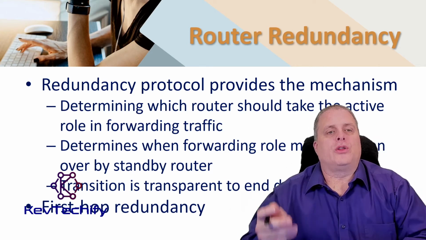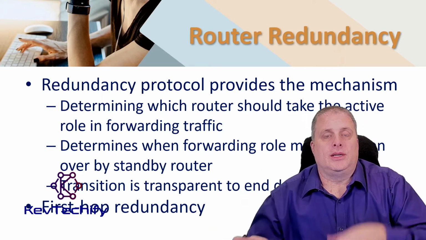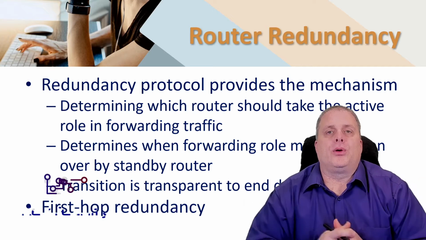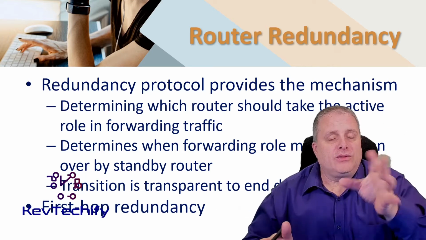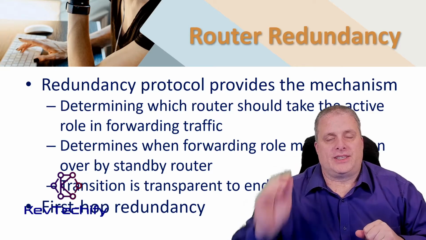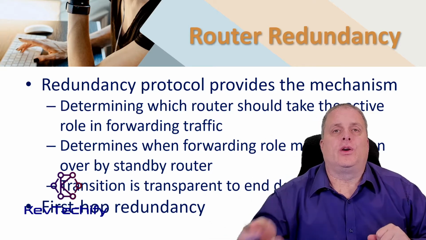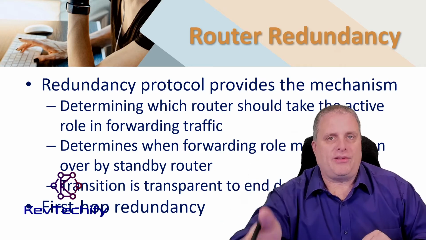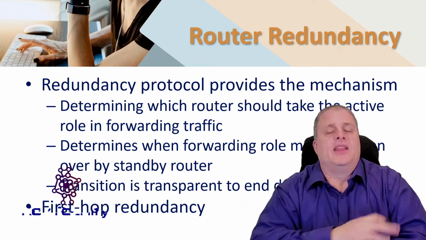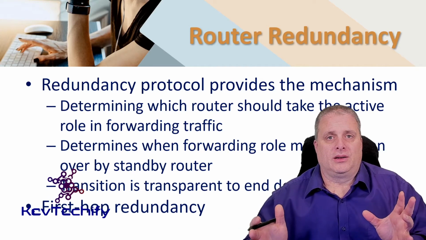So this protocol determines which one is the active one, which one will actually be sending that data back and forth. And then that protocol determines, hey, the active router went down, the standby router then becomes the active one and starts forwarding that traffic. Once again, the end user never sees this. The end devices never know this is happening.